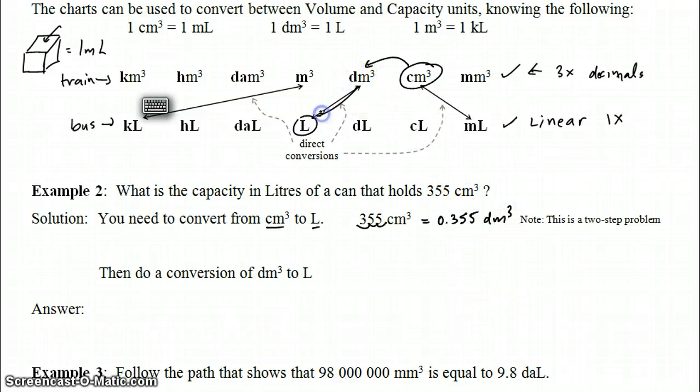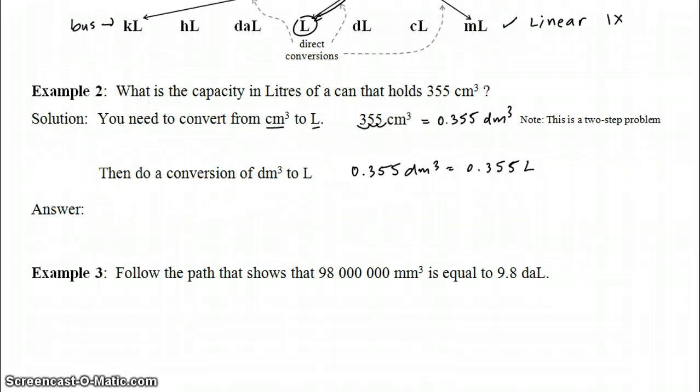And then it's a direct jump across to liters, so 0.355 decimeters cubed is equal to 0.355 liters. Which, by the way, is the volume of a soft drink can. So the answer is 0.355 liters.